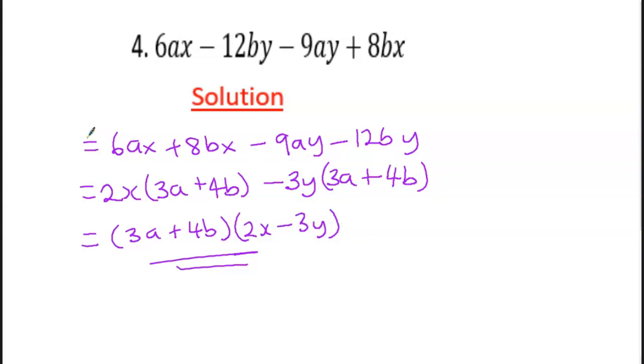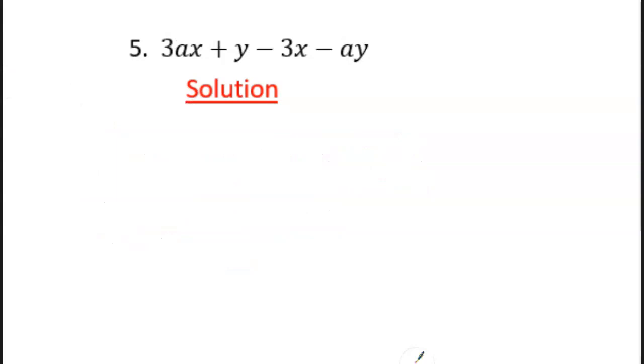The next question. So for this one, I want you to try it before we do it together. So try the question on the board. Okay, let's all do it together.